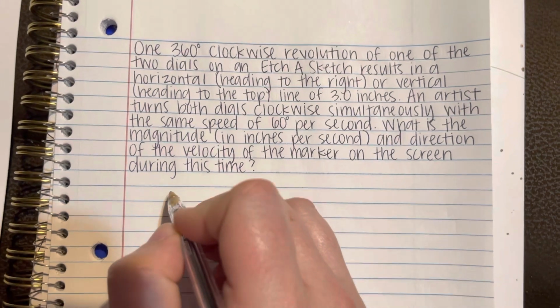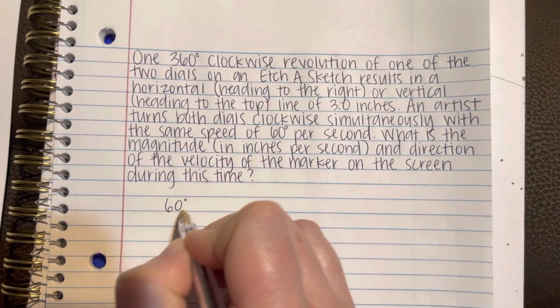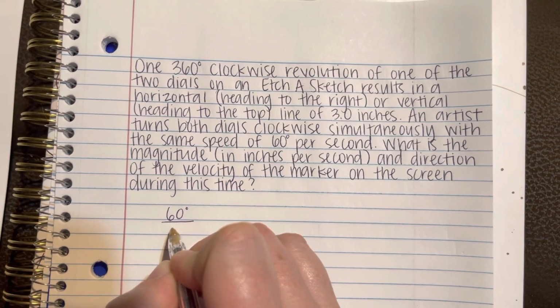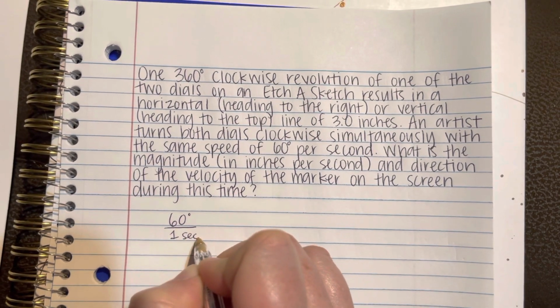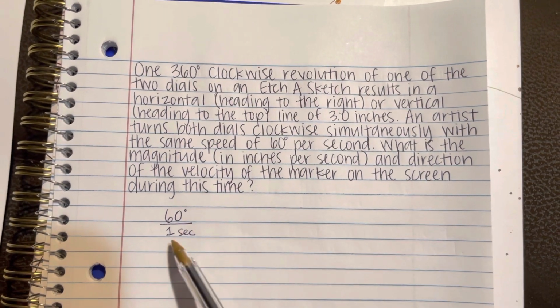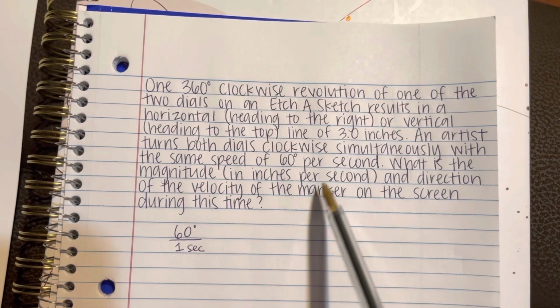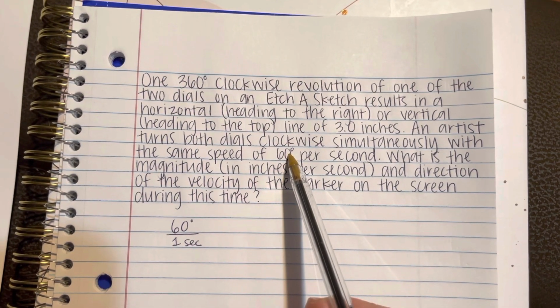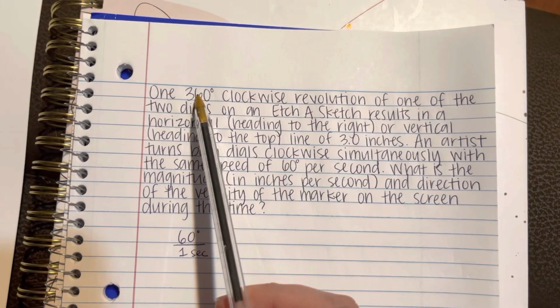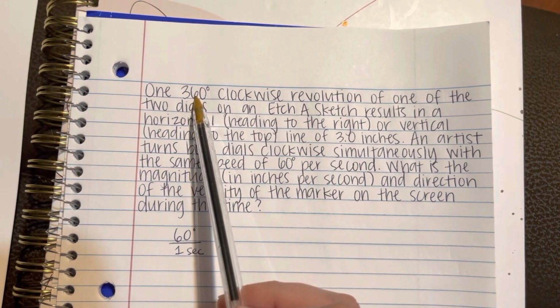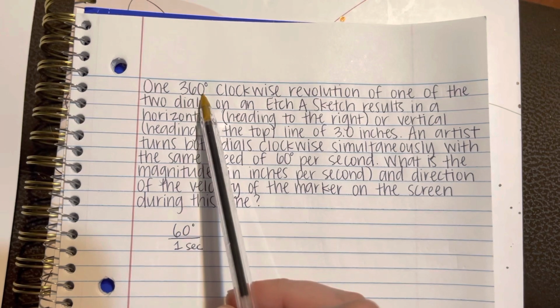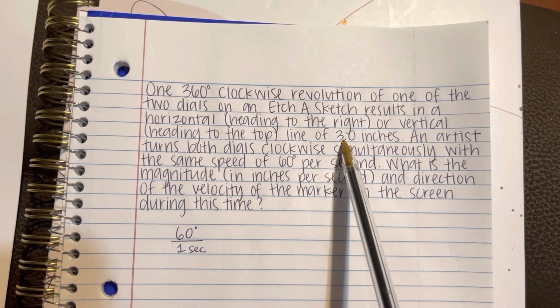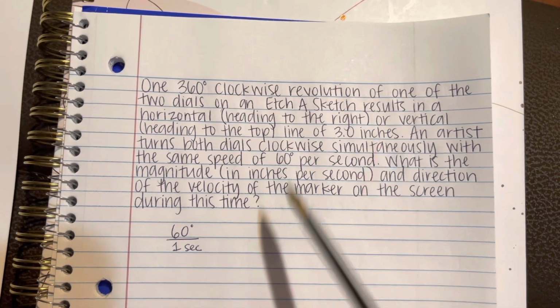So if you have 60 degrees per second, you can put 1 second here, or you can just put second. I still need it in per second, but I need it in inches instead of degrees. The conversion that I'm going to use for this was the fact that it told me that for every 360 degrees, that equates to 3.0 inches.